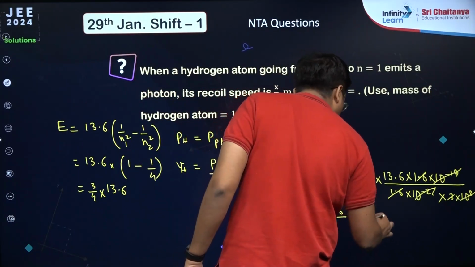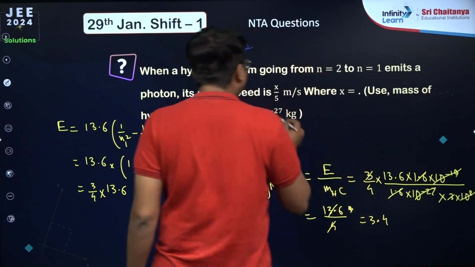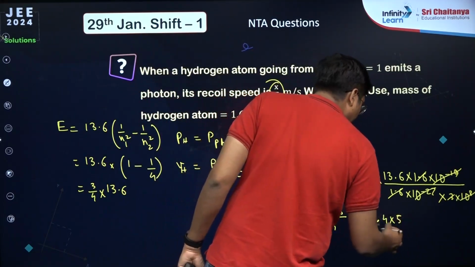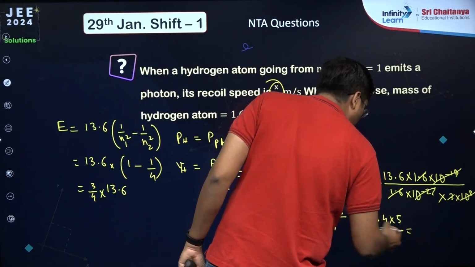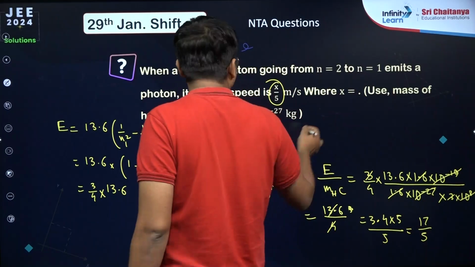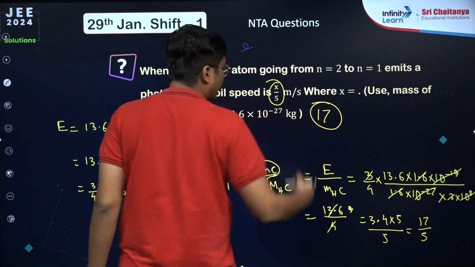So this will be equal to 3.4. Now I have to write it as x by 5. So I multiply a 5 over here, divide a 5 here. So 3.4 into 5 would be 17 divided by 5. So x is equal to 17.